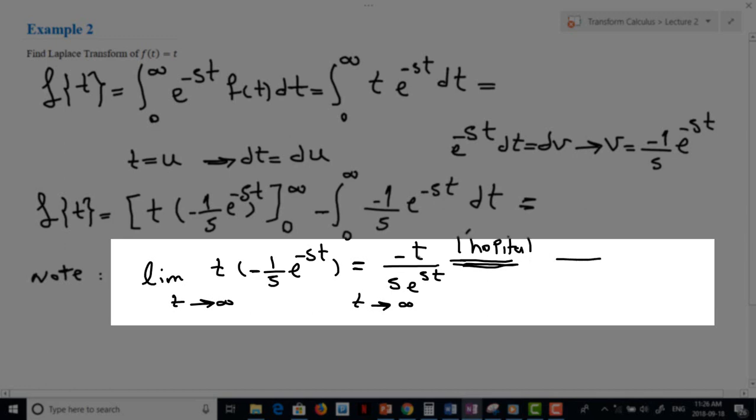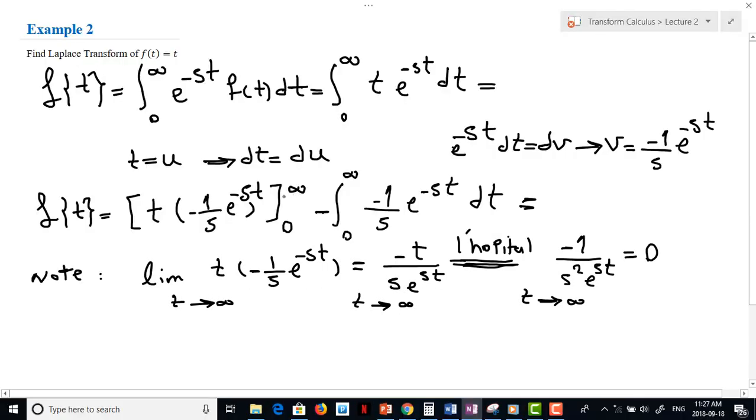I have to take the derivative of the numerator, which is minus 1, over the derivative of the denominator, so it's s squared e to the power of st when t approaches infinity. So now we have 1 over infinity, which is equal to 0. And it's for the upper limit of these terms.